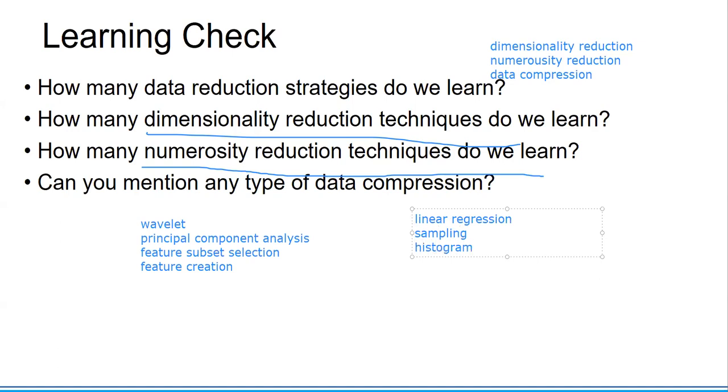So we can select the data based on the distribution, and we can also select the rows manually, or we can also use clustering and other things. Can you mention any type of data compression? There are two types of data compression. We have lossless, and we have lossy data compression.